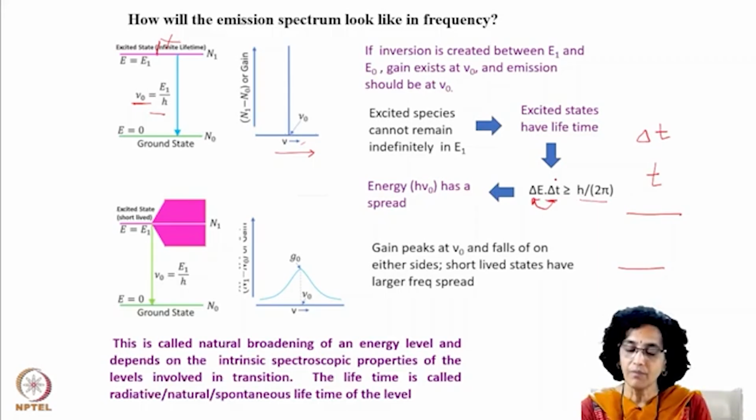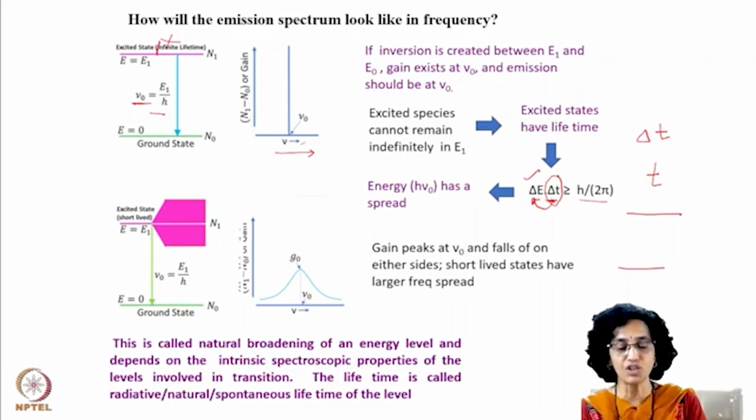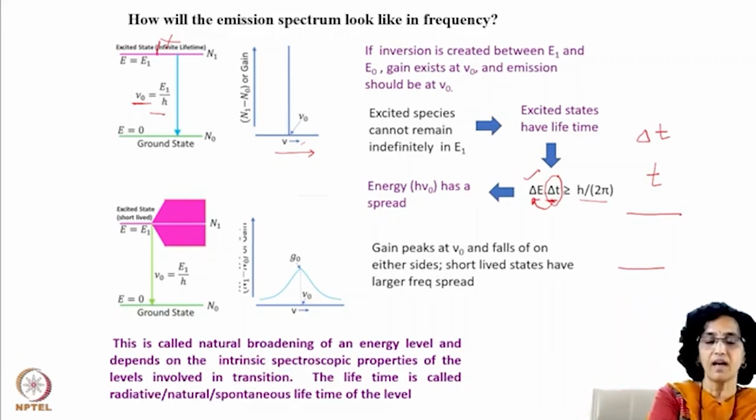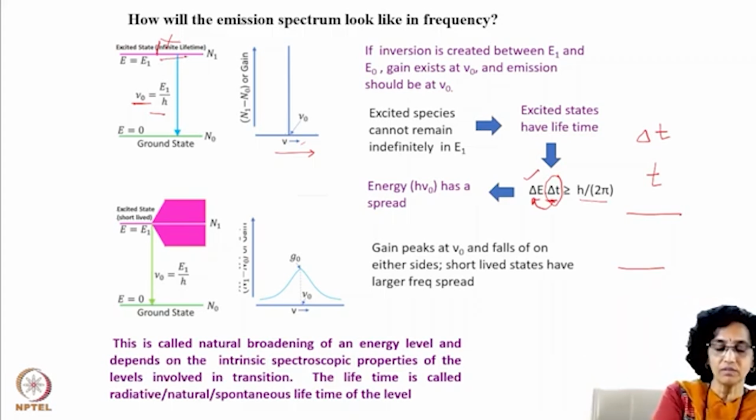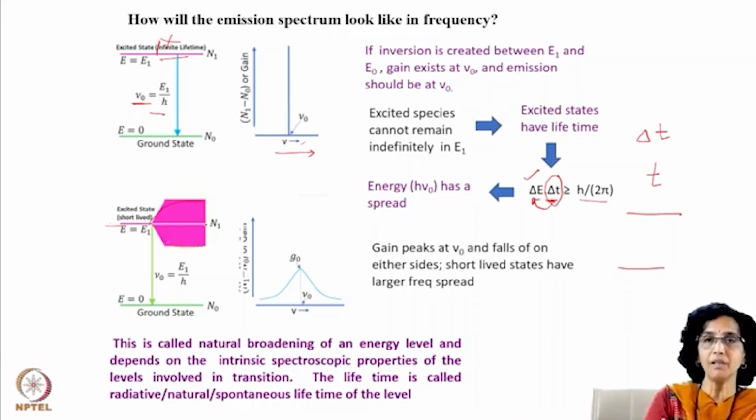So we know that there is an uncertainty in delta T, so there has to be a corresponding uncertainty in energy also, which means that our excited level is not a discrete level like this, but actually it is spread about its mean, central energy.